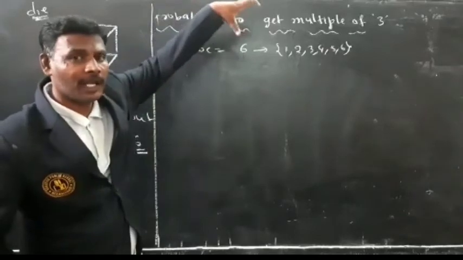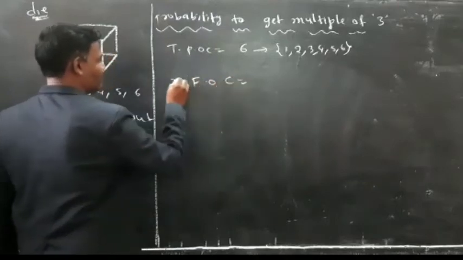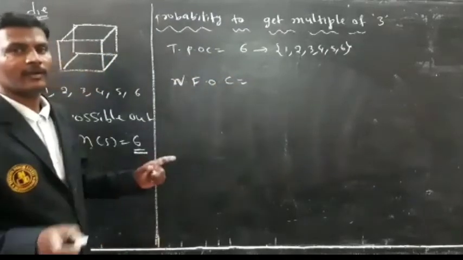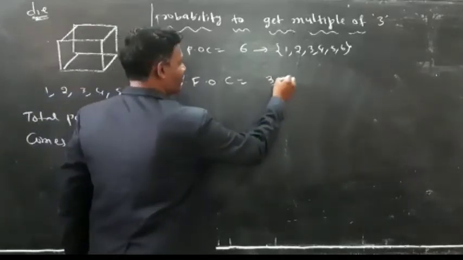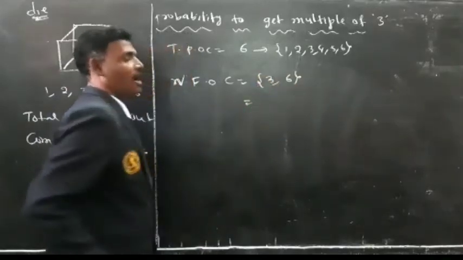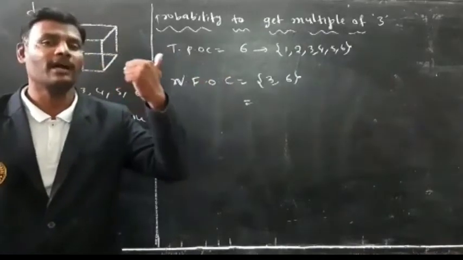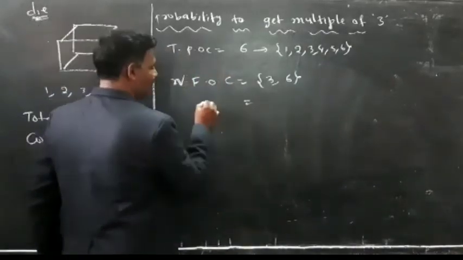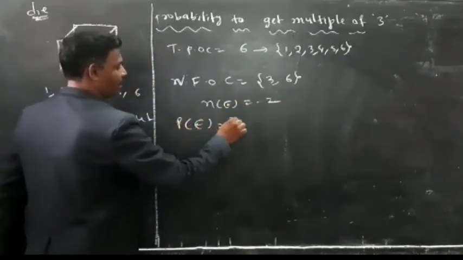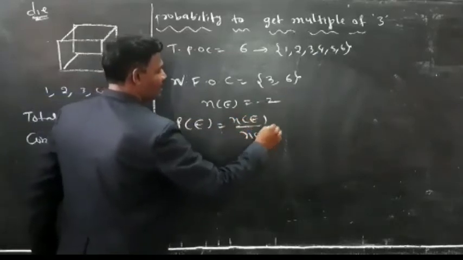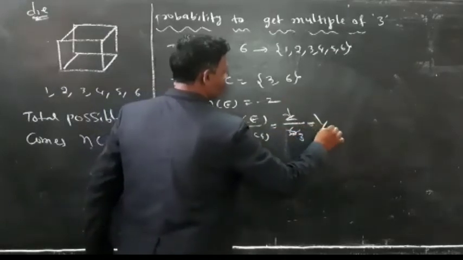I need a multiple of 3 on the face. What are the multiples of 3? 3 ones are 3, 3 twos are 6. So out of the 6 chances, we have only 2 chances to get a multiple of 3 on the face. So n of E is equal to 2. So P of E is equal to n of E by n of S is equal to 2 by 6. 2 ones are 2, 2 threes are 6. It is 1 by 3.